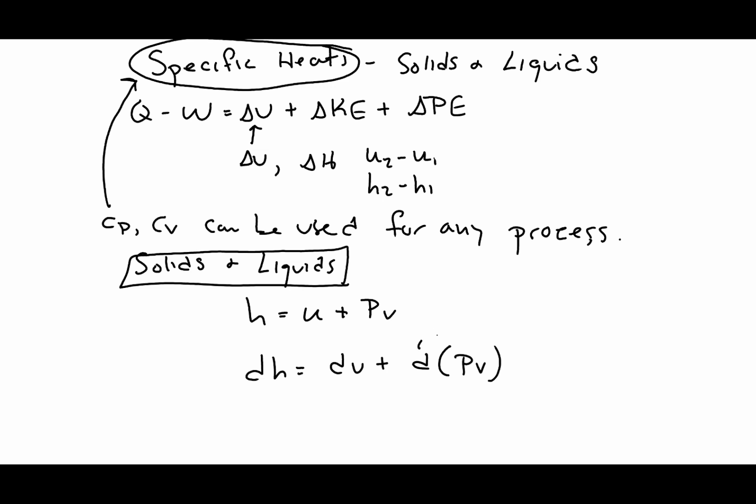And then we want to use the chain rule on this. So I'm going to apply the chain rule, and we're going to get that dH is equal to dU plus P dV plus V dP. Let's just rewrite this. So we have that dH is equal to dU plus P dV plus V dP.